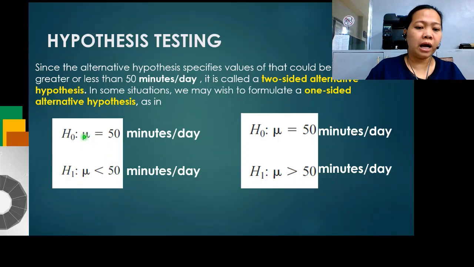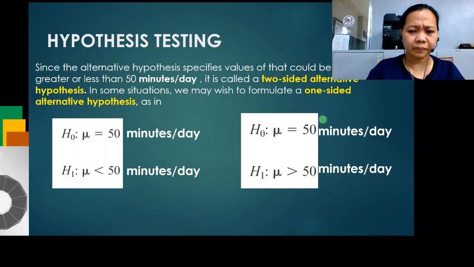So your null is 50 minutes per day, and your first alternative hypothesis is less than 50 minutes per day. So that is your first set of null and alternative hypothesis. The second set is that your alternative hypothesis is greater than 50.